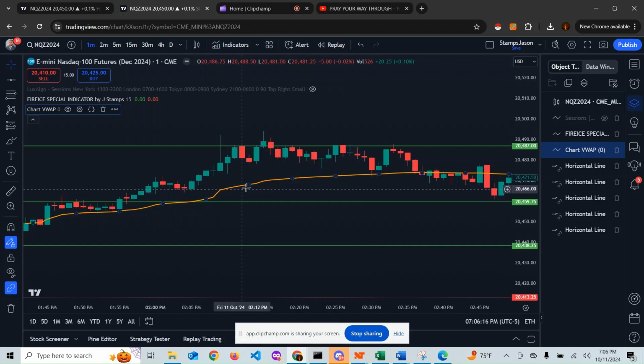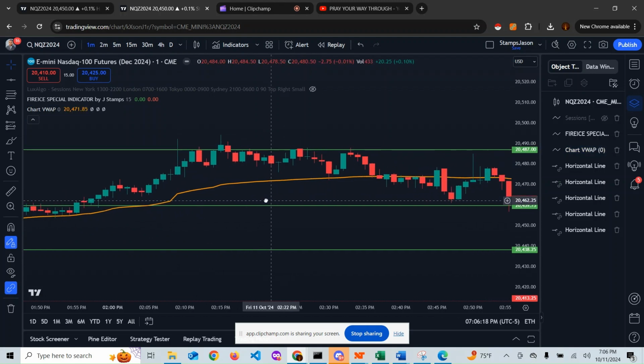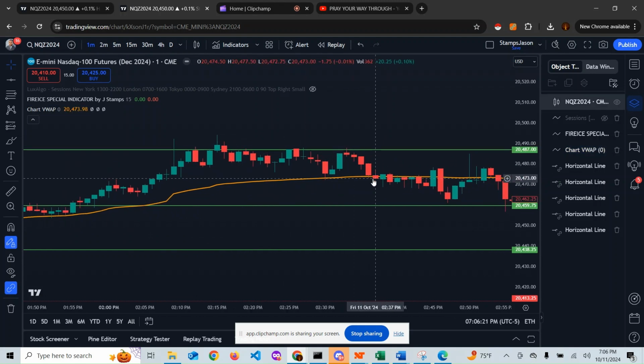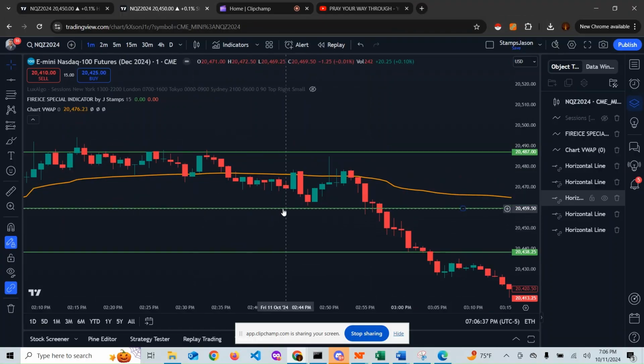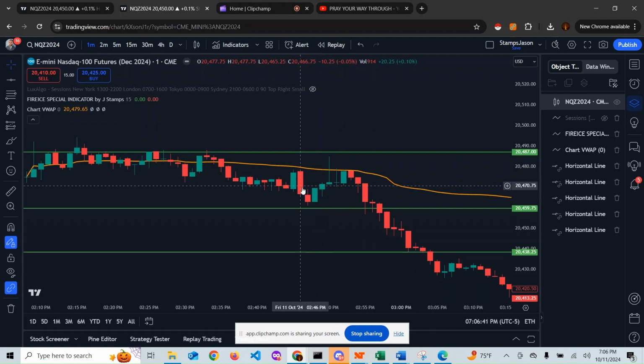With the Chart VWAP, a lot of people will trade it based upon support and resistance. For example, let's say you were looking to sell when the market came down here. You saw this candle and said, I want to wait for a pullback, and you waited for a pullback and were about to get in to go lower.